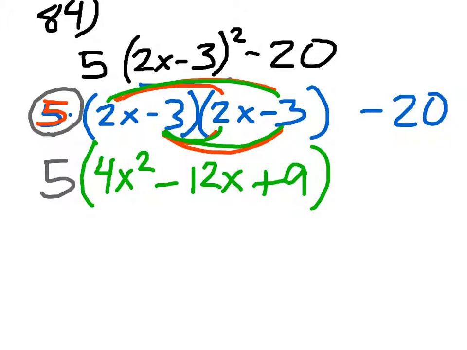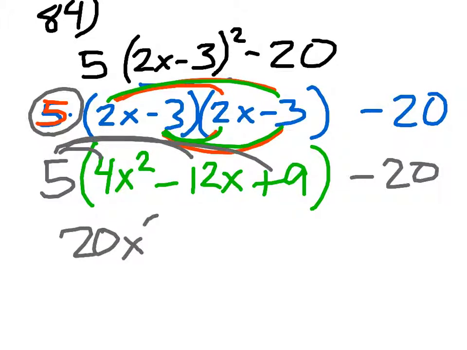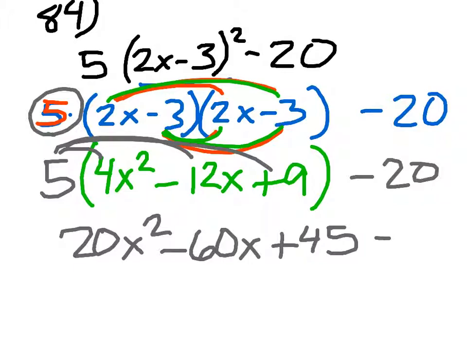So 5 times that is going to give me 20x squared minus 60x plus 45. Now we can bring that minus 20 into play and combine it with the 45 at the end there.